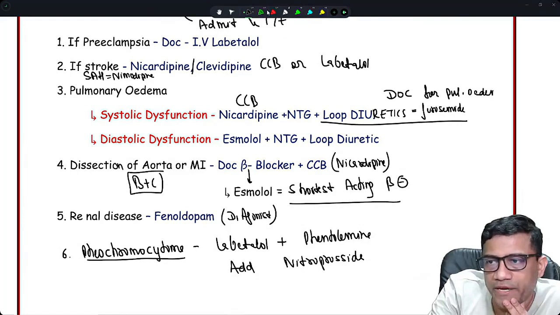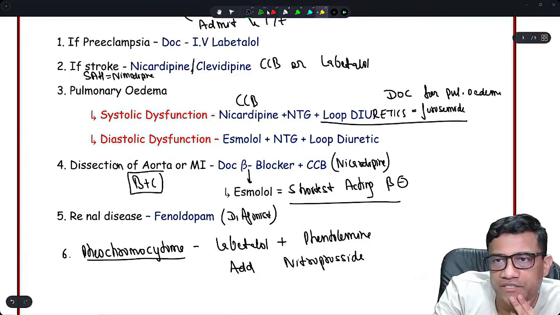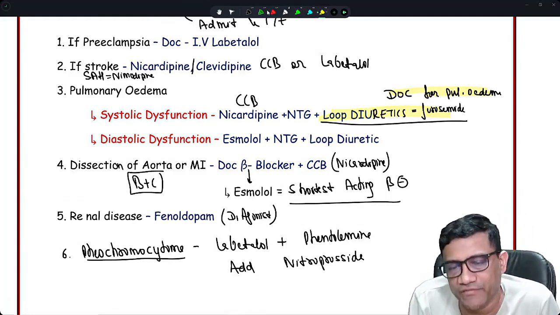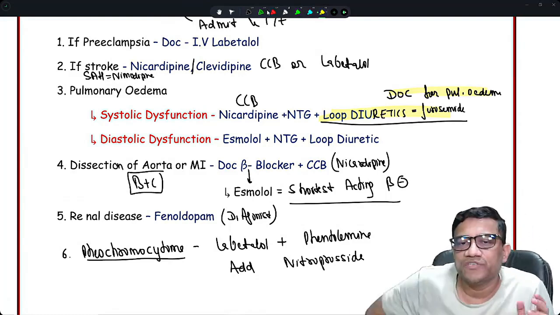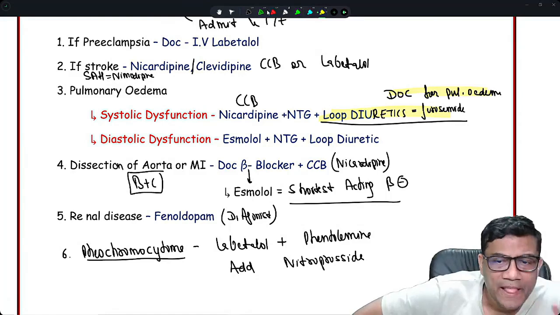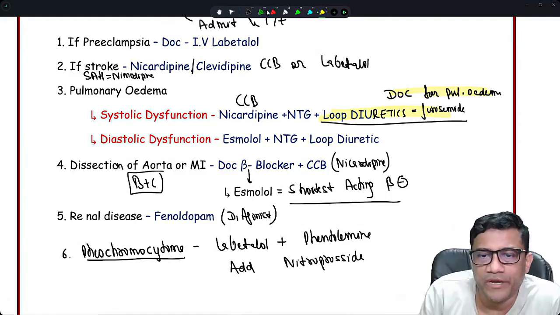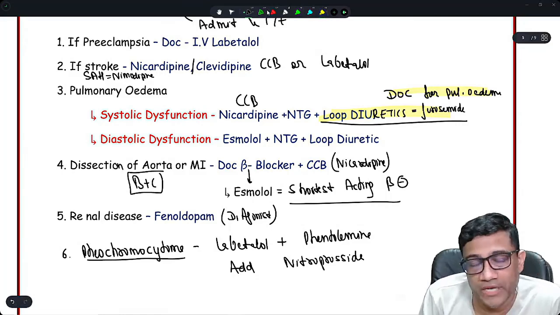This question has come many times; let's color it again. But if it is with systolic heart failure, we give nitroglycerin with nicardipine, which is a CCB. If diastolic, we add esmolol with NTG plus loop diuretic. Avoid CCB, use esmolol.